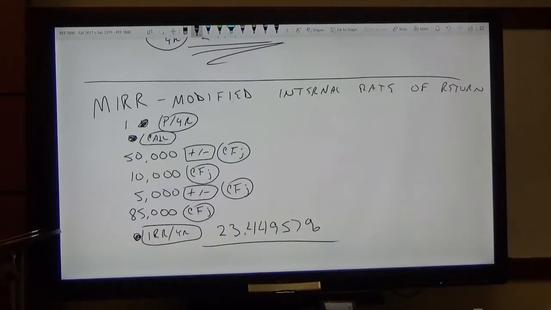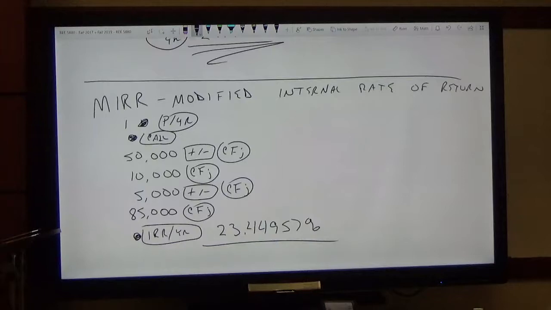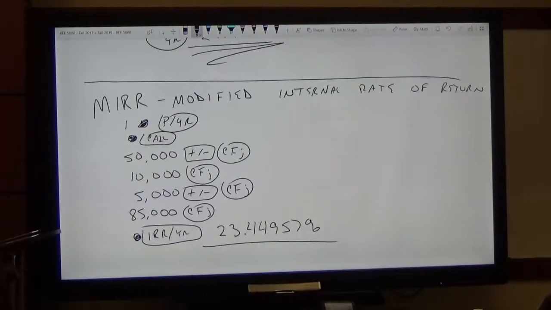Okay? And so what we would do is sort of say, okay, take that dollar amount, that's the dollar amount we would in essence need at time period 0 in order to fund that, assuming that 5% discount. But then we also kind of say, well, what about the positive dollar amounts that we receive?